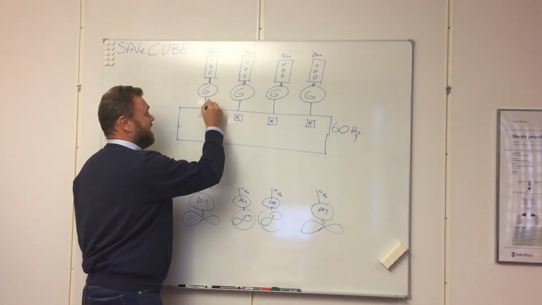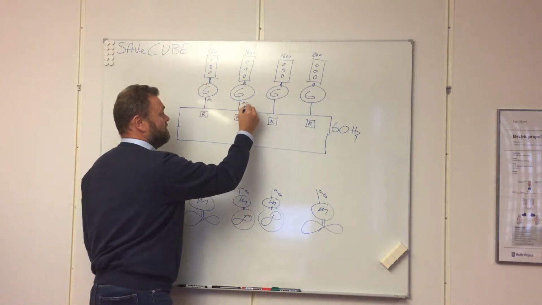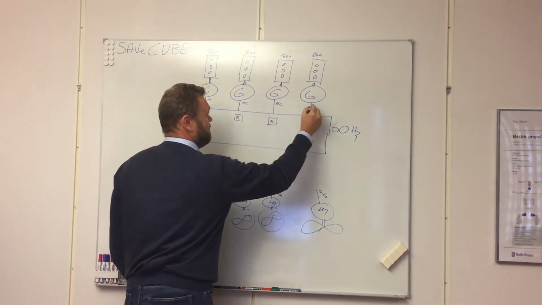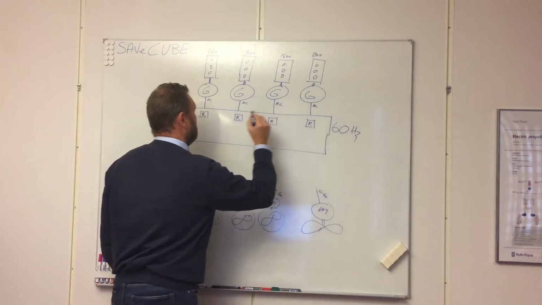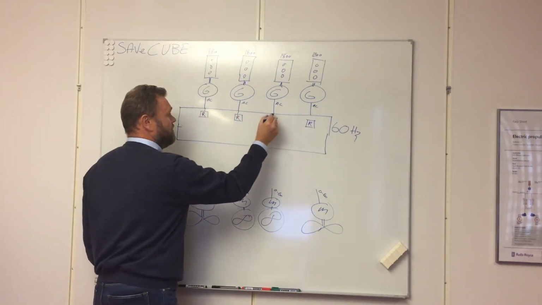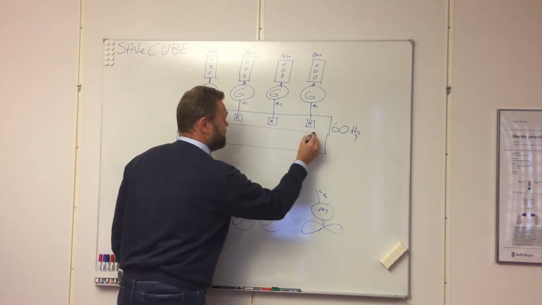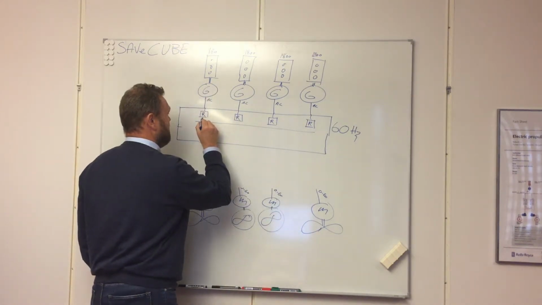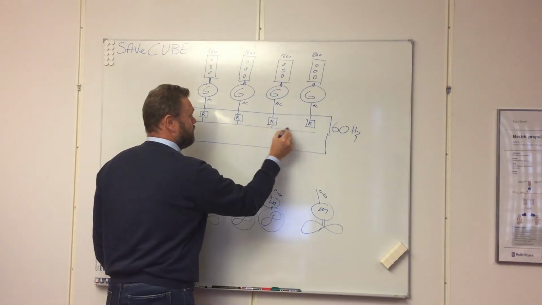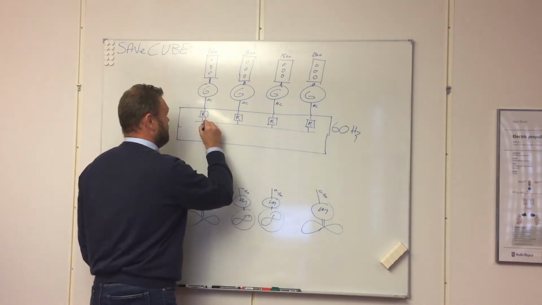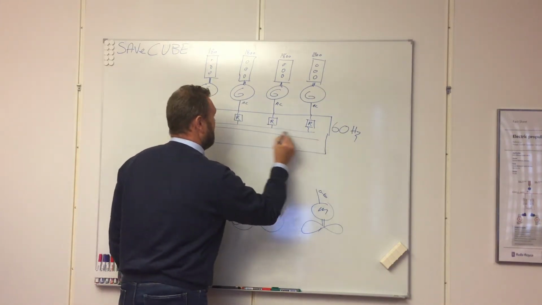So we still have AC coming from each and every generator into the rectifiers, and the rectifiers are producing DC, plus and minus.